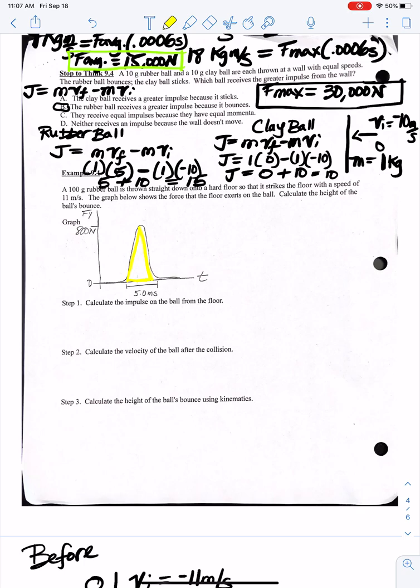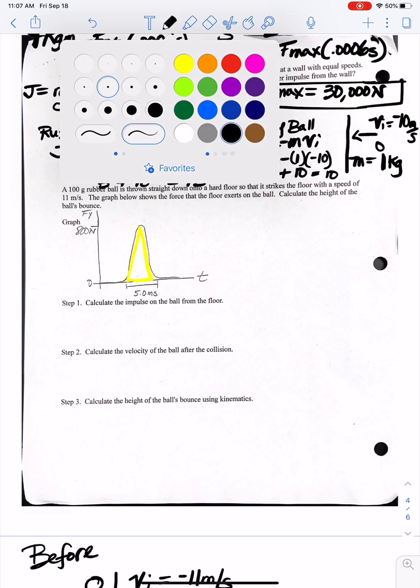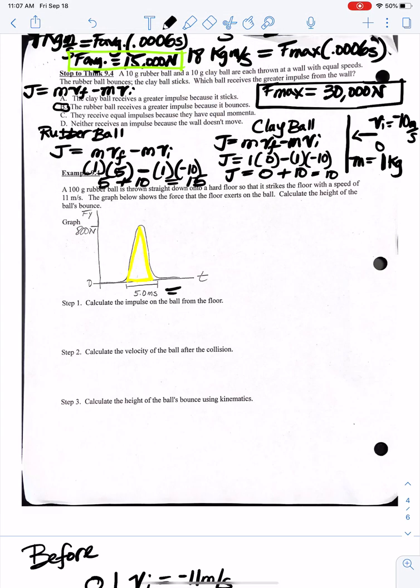Okay, so time is obnoxious again. It's in milliseconds, so we want to flip that. 5 milliseconds is 0.005 seconds, is our t. This is an F max, right? Not an average.